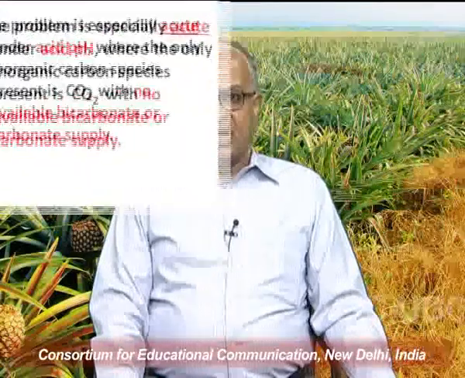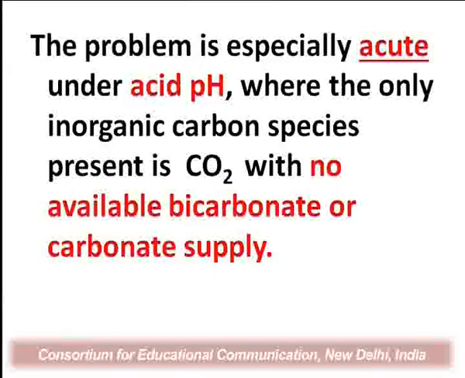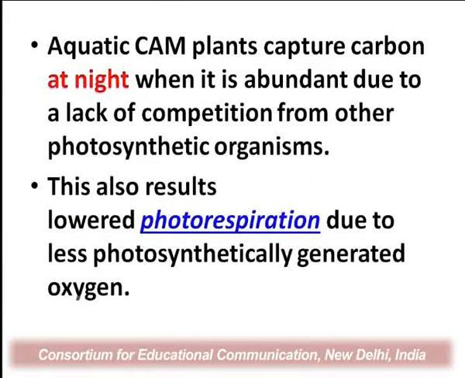Added to this misery is that the pH is highly acidic, and when it is highly acidic, there is no available bicarbonate or carbonate supply of inorganic carbon. So the metabolism needs to be modified.